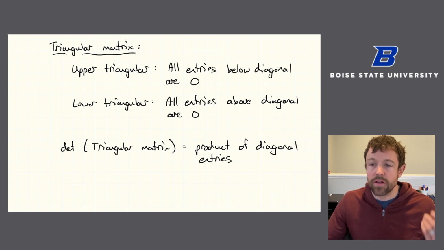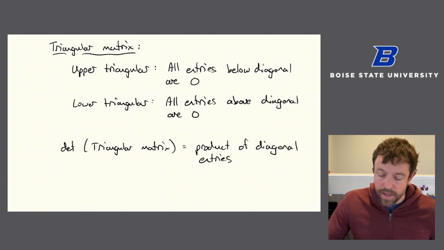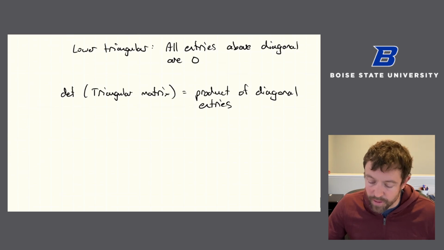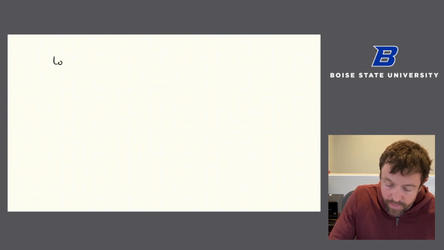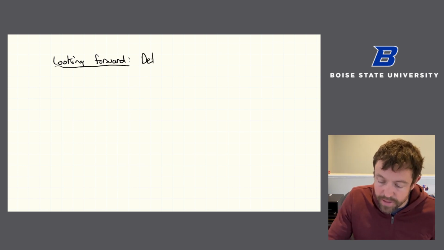That still leaves a lot of things that we don't know how to take determinants of. And I'm not going to explain how to do that in this video. Those are for separate videos, but I want to just give you kind of looking forward. There'll be 3 main ways to find determinants of arbitrary matrices.